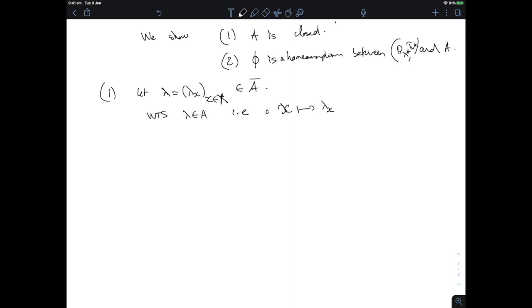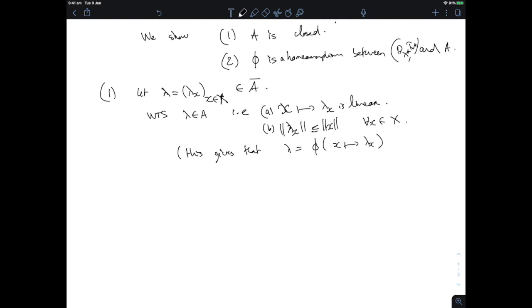So we're going to show that this is linear, and we're going to show that absolute value of lambda x is smaller than norm of x, right? And then this would give that lambda really is the image by phi of the functional x goes to lambda x, which will be a functional, an element of B of X star, because you have a continuous linear map of norm smaller than 1.